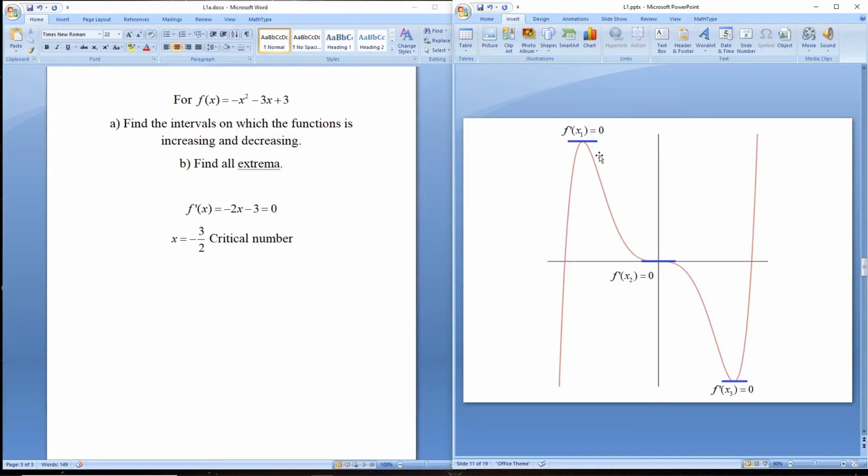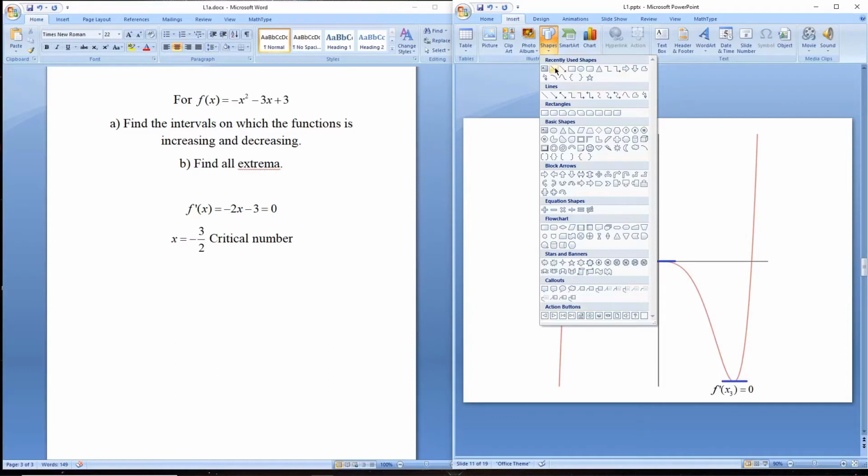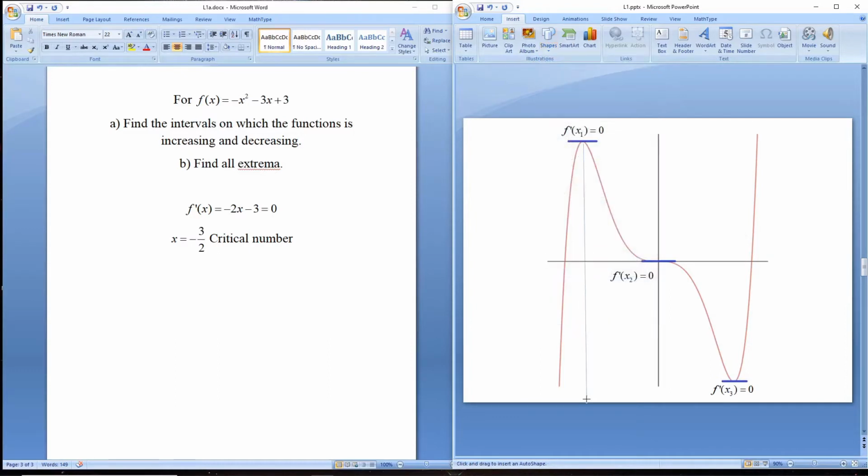Well, imagine these three critical numbers I break into regions. So I'm going to put a region here. The other region will be the y-axis. And I'll have another region here at this other critical number. So I'm putting these lines where the critical numbers are. And so there's three regions here.